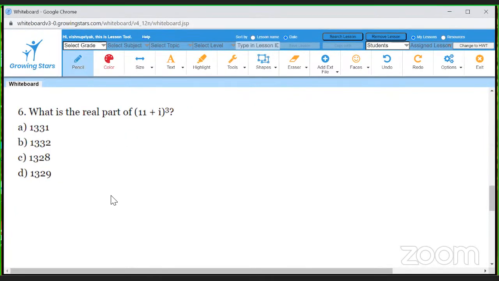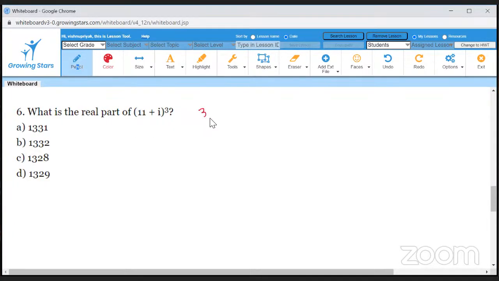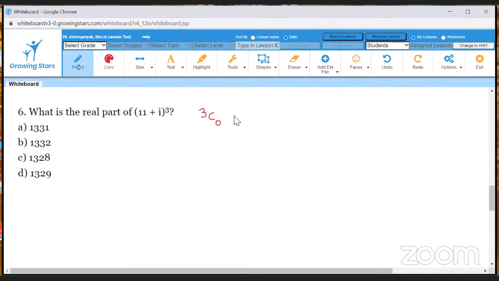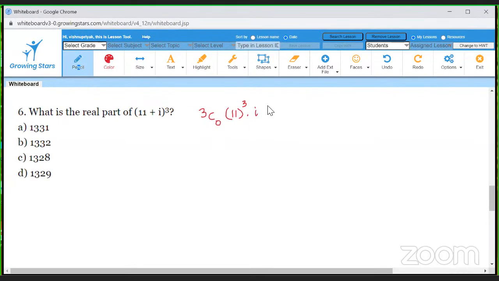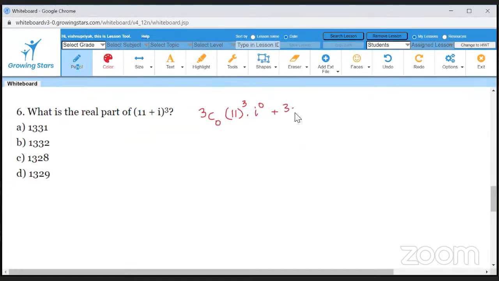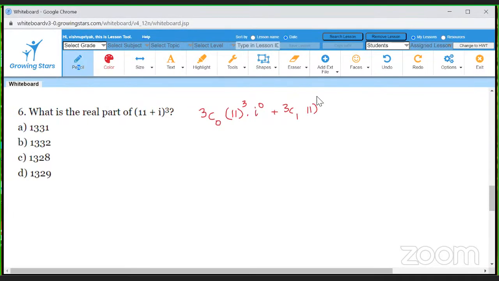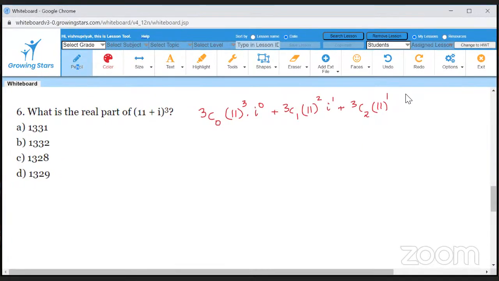Okay, next. What is the real part of 11 plus I whole cube? This is also in one way binomial theorem only. How? 3C0, 11 power 3, I power 0. 3C1, 11 power 2, I power 1. 3C2, 11 power 1, I square.